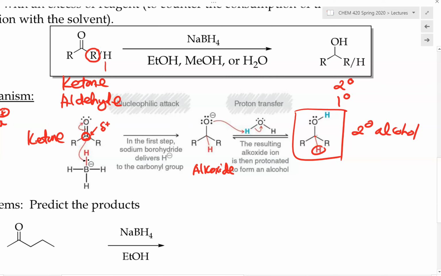Different substrates have different reactivity depending on the positive charge, or the electrophilicity, of this carbonyl carbon. So aldehydes and ketones can be reduced pretty easily, since the electropositive charge on this carbonyl carbon is pretty high.